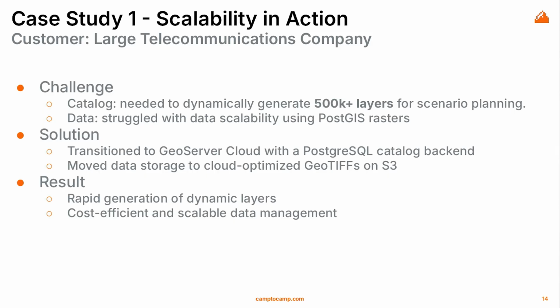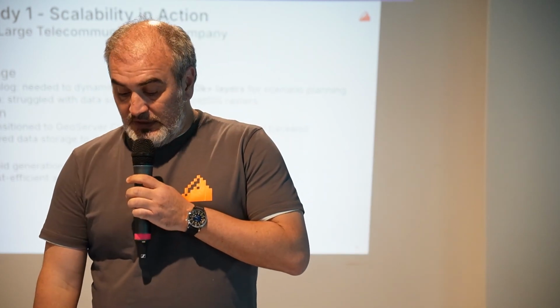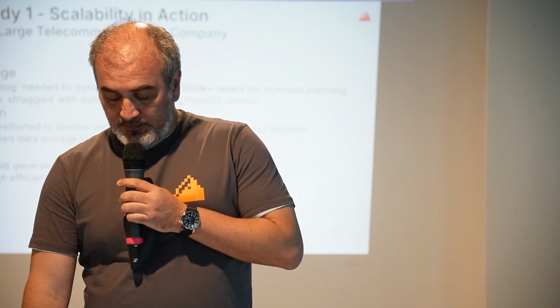The result is that they can now generate layers in real time, enabling faster data-driven decisions while reducing infrastructure costs. This level of scalability is now possible because of GeoServer Cloud's cloud-native design.